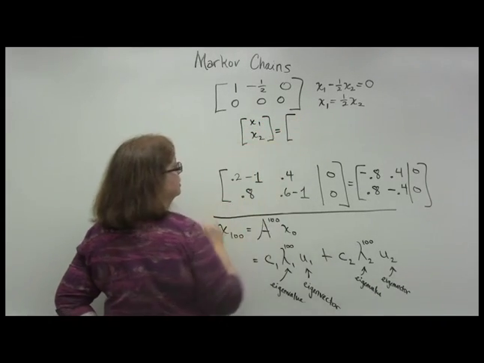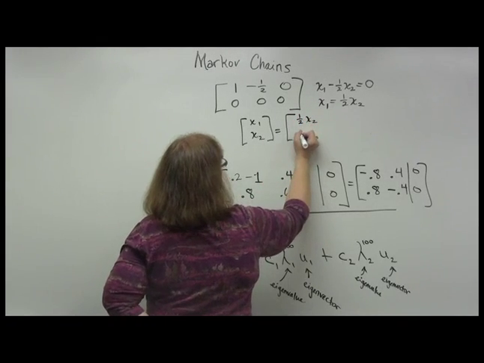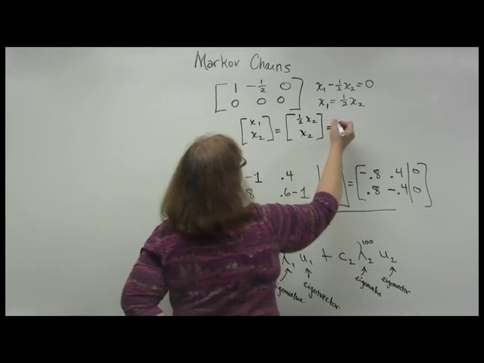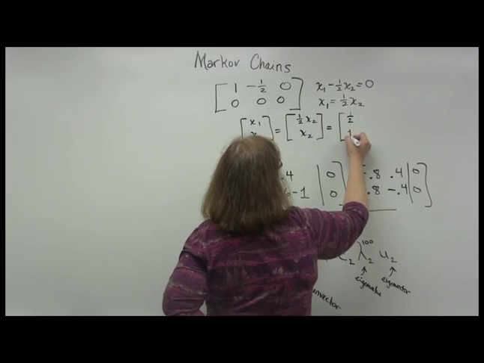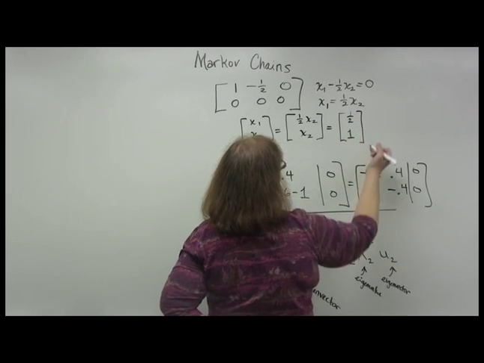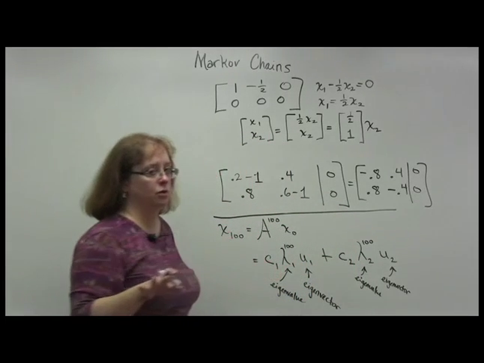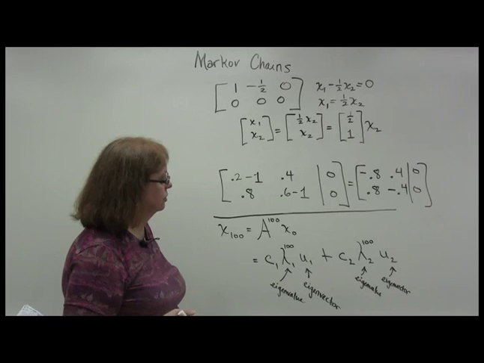If I substitute in place of x sub 1, 1/2 of x sub 2, and in place of x sub 2, I write x sub 2, I can factor the x sub 2 out and get 1/2 in the top row, 1 in the bottom row, times any value x sub 2, except I wouldn't want to use a value of 0, because if you remember, 0, 0 is never an eigenvector.